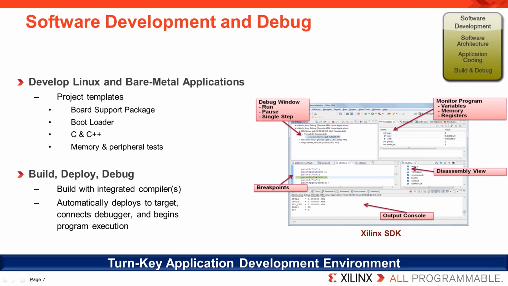Xilinx SDK includes project and application templates, board support packages, memory and peripheral tests, pre-configured compilers, and much more. It shares data with Xilinx hardware design tools for the creation and build of custom board support packages, bootloaders, and applications, and it provides out-of-the-box debug connectivity. With Xilinx SDK, developers have everything they need to deploy solutions immediately.